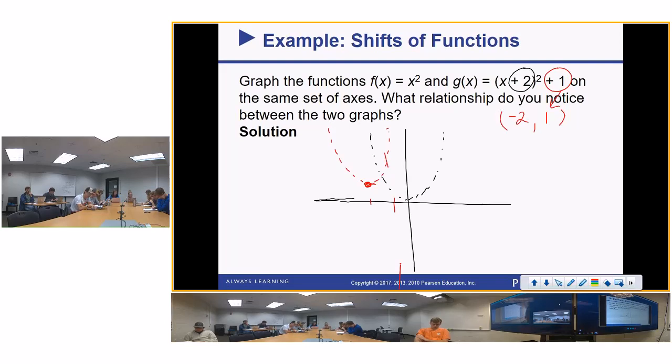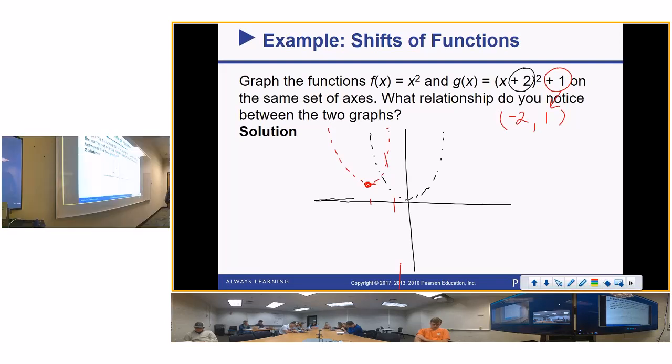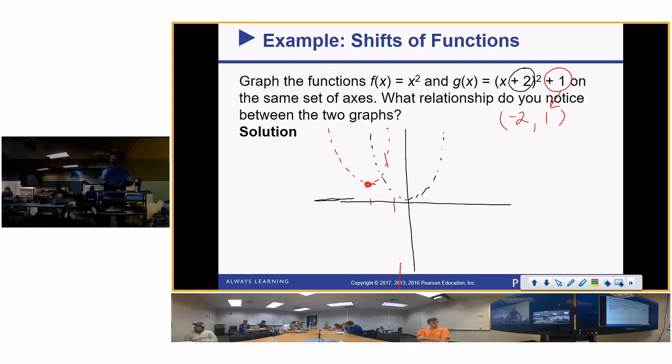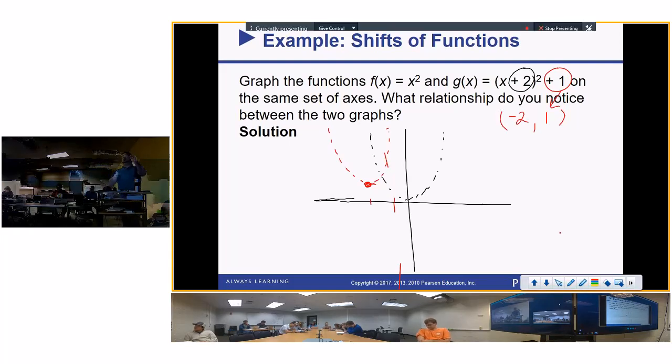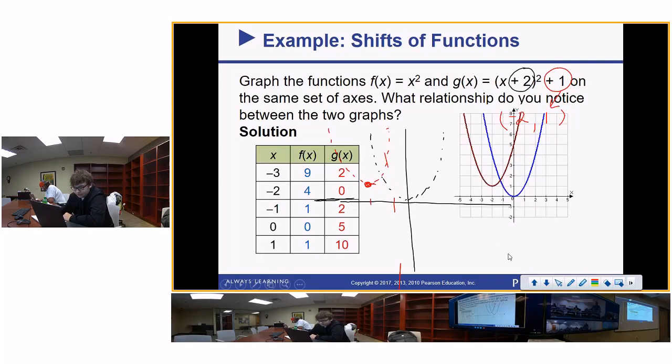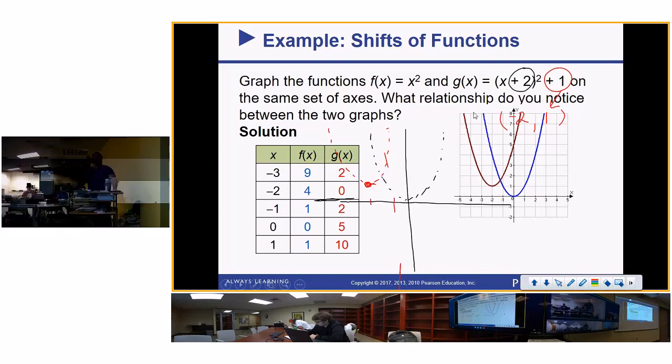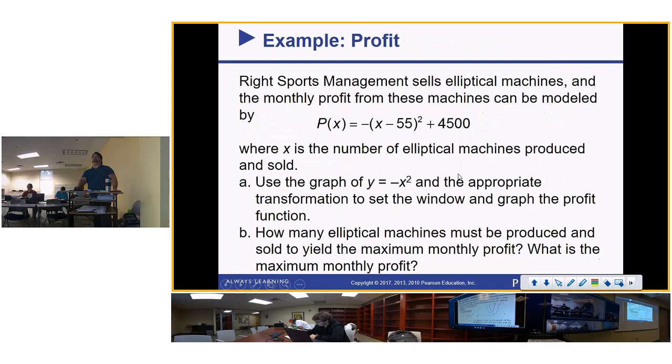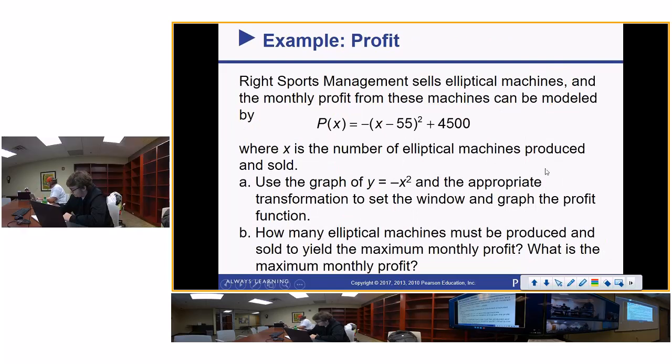So on the test, if I give you 4 graphs to pick, you would pick the one that's in the second quadrant. That's a test question. Awesome. Makes so much sense. All right.